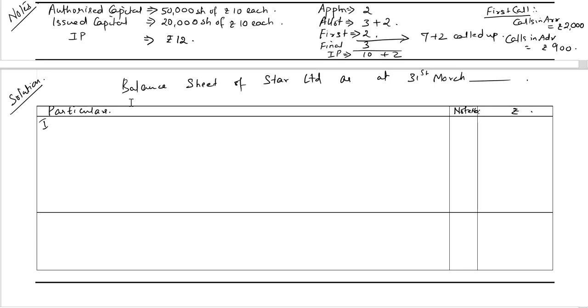Let's begin with Roman number 1, equity and liabilities. 1. Shareholders' funds.